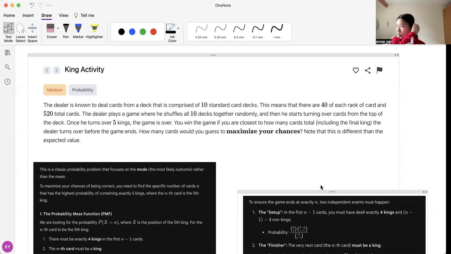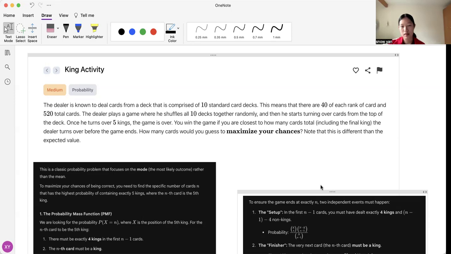Okay, so from this question, what we can tell is that we're dealing with a hypergeometric distribution. In fact, it's called negative hypergeometric, because this is not a binomial, since the cards don't get replaced. That's why it's not the binomial, because it's without replacement.